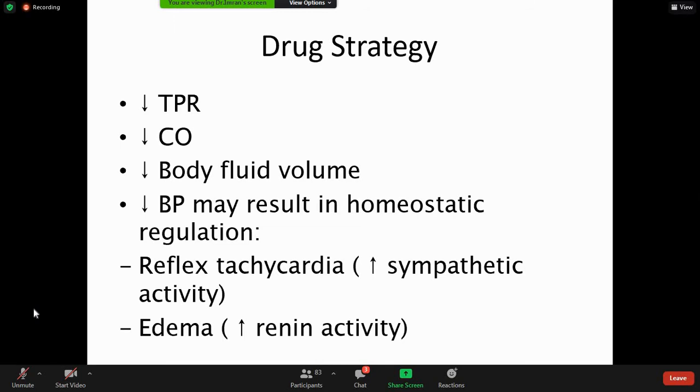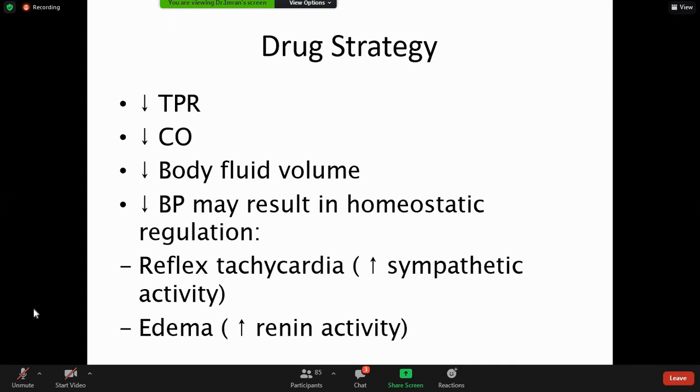Okay, how can we decrease the cardiac output? By reducing the contractility of the heart. If we slow down the heart activity, what will happen? A decreased amount of blood is ejected, so we can reduce the cardiac output, and so we can reduce the blood pressure.